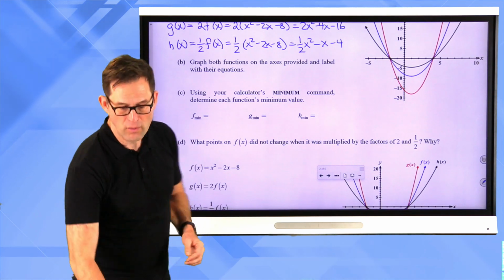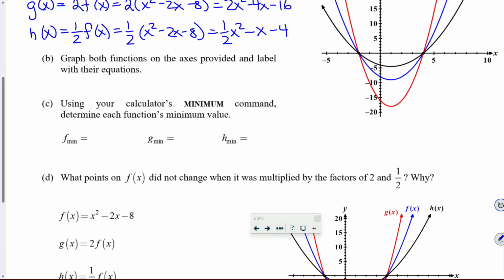All right, well, what we find is that f, our original graph, had a minimum value of -9. G, which was our graph in red, had a minimum value of -18. And H, a little bit uglier here, had a minimum value of -4.5.